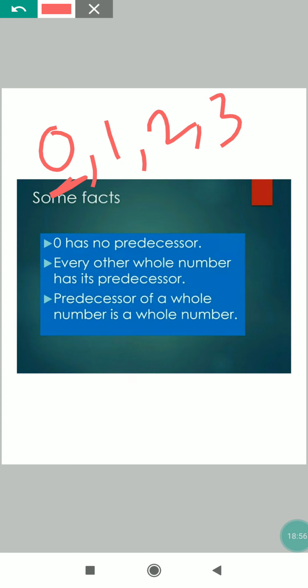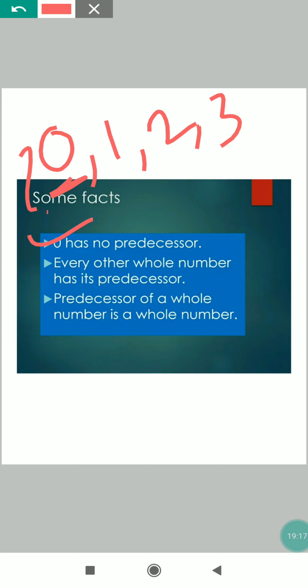That is why it is written whole number. Every other whole number has its predecessor except 0, because before 0 no number is there.